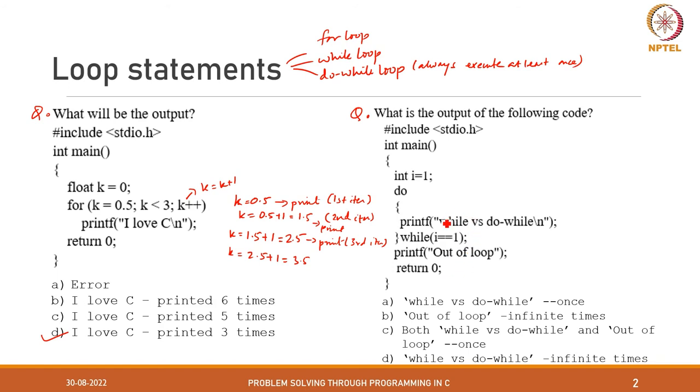Just try to visualize or run this in your mind. Because it's a do while loop, we know that this while versus do while should appear at least once. So definitely that will appear once. That's what we know. But see this particular condition and think about what should the answer be.